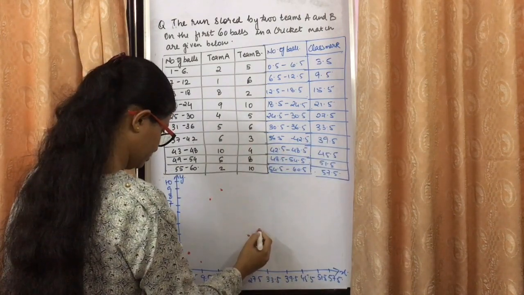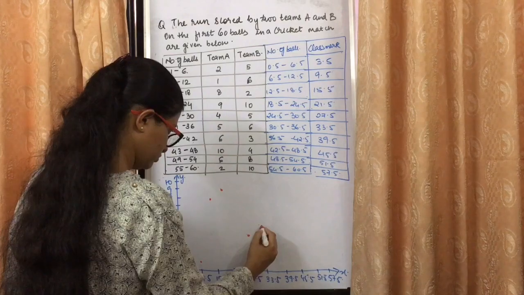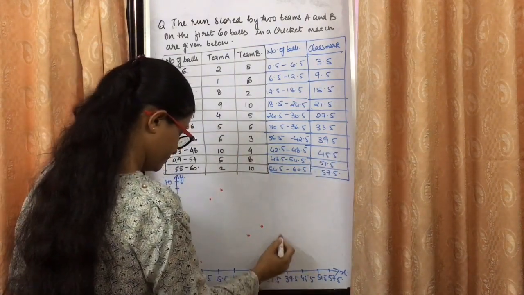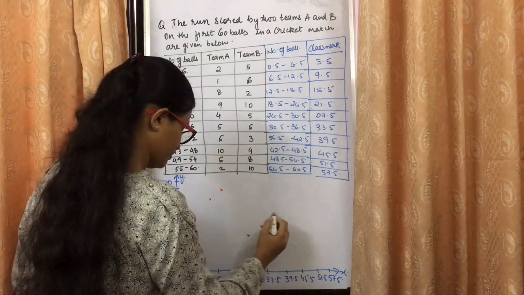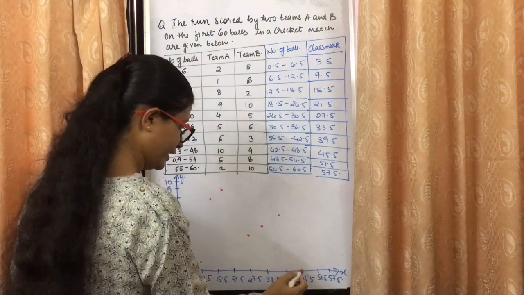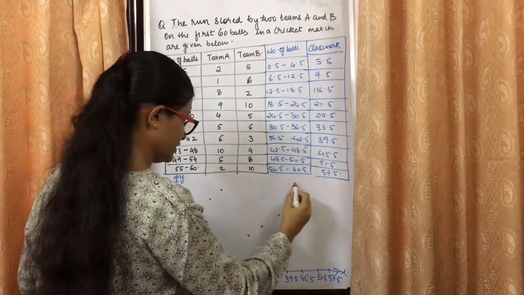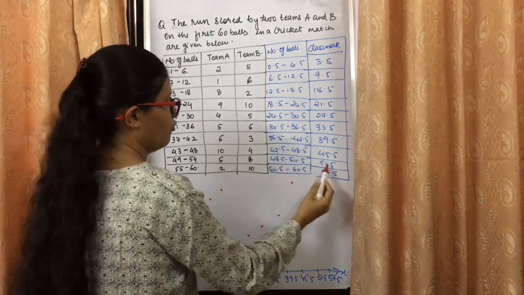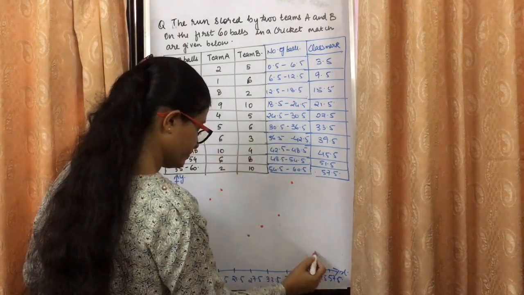We have 5 here. 39.5 we have 6. Now 45.5 we have 10. Then 51.5 we have 6.